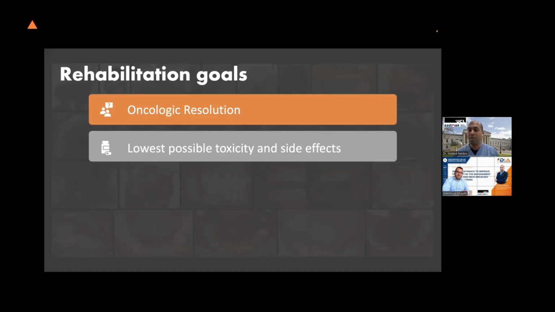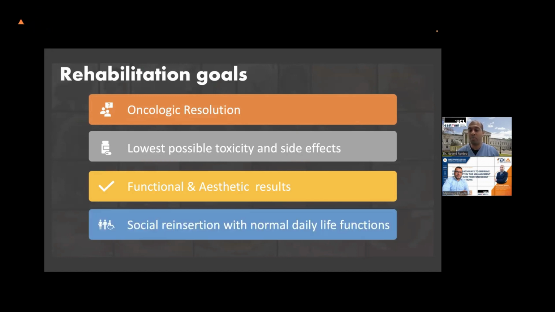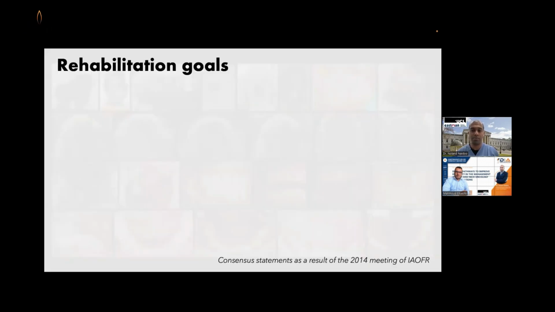We want to try and limit the amount of toxic effects and side effects where possible. It's not always possible. The functional and aesthetic result is really an ideal outcome. And that allows patients to reinsert themselves into society, be able to go back to work, be able to talk to their friends. And that really relates to the interplay between those last two.